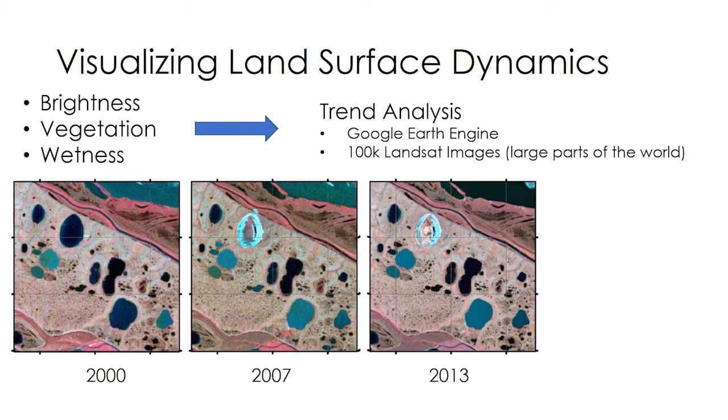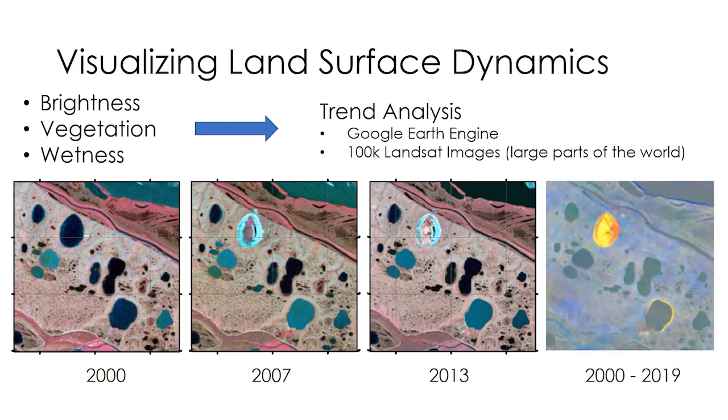And we processed more than 100,000 Landsat images for large parts of the world. And in the end, we have an image like that, where we see typical colors for specific landscape dynamics. So for example, lake changes appear in yellow or orange, or other changes like coastal erosion, which we see here on the top right, appear blue.